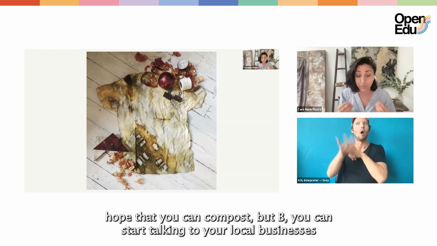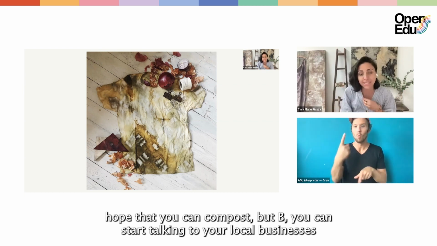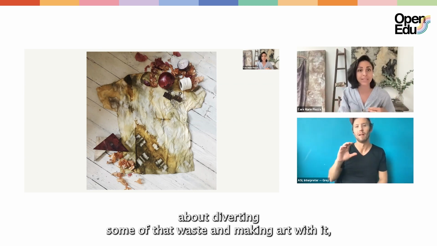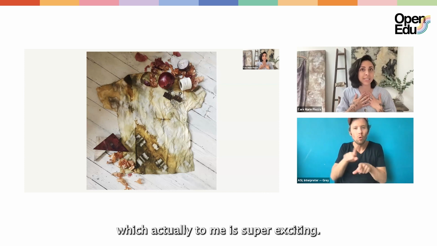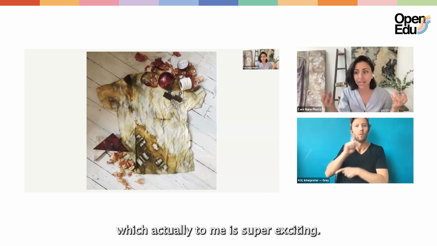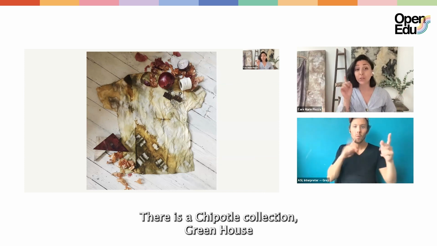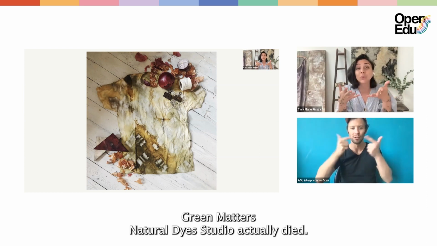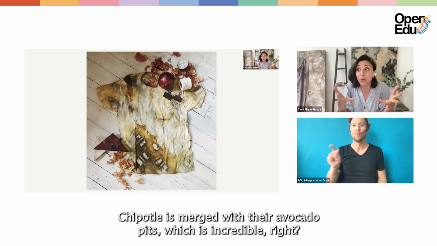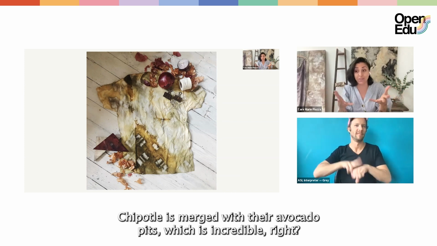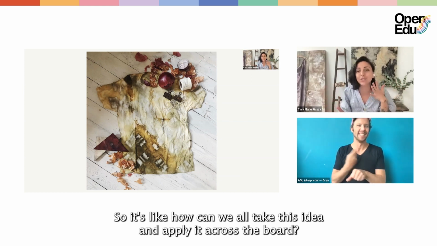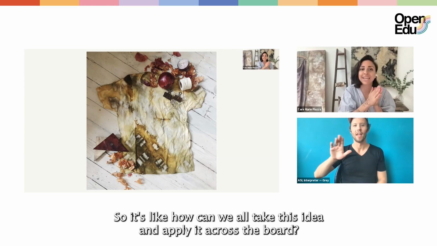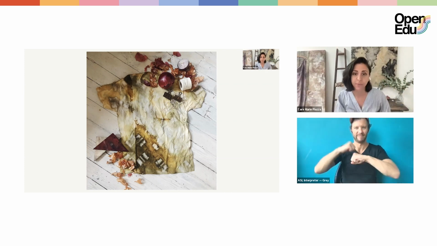A, you can compost, but B, you can start talking to your local businesses about diverting some of that waste and making art with it, which to me is super exciting. There is a Chipotle collection. Green Matters Natural Dye Studio dyed Chipotle's merch with their avocado pits, which is incredible, right? So how can we all take this idea and apply it across the board?